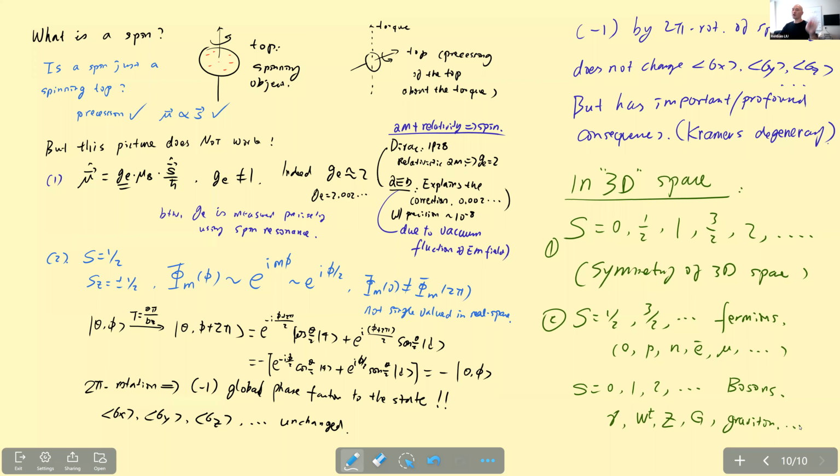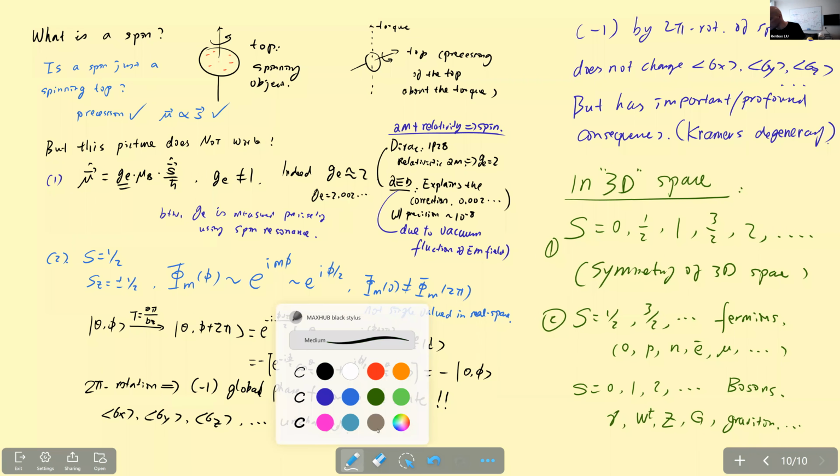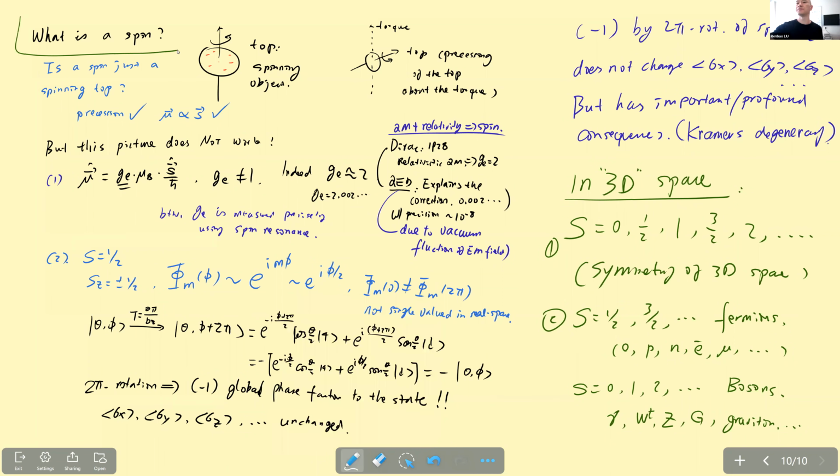So for all of this, what is the spin? It is caused by the symmetry of 3+1D space-time.